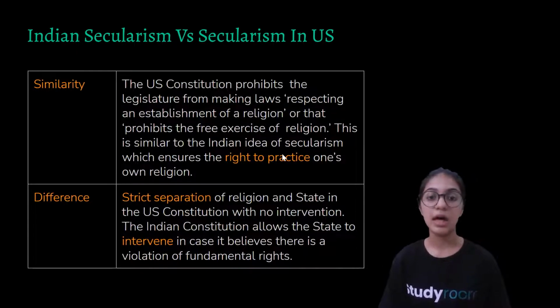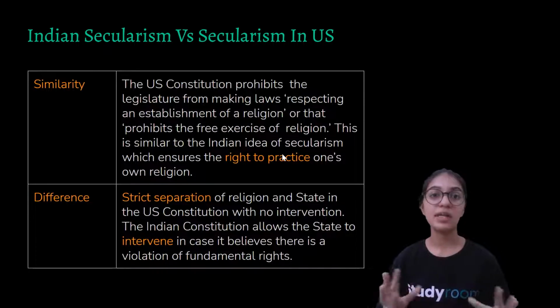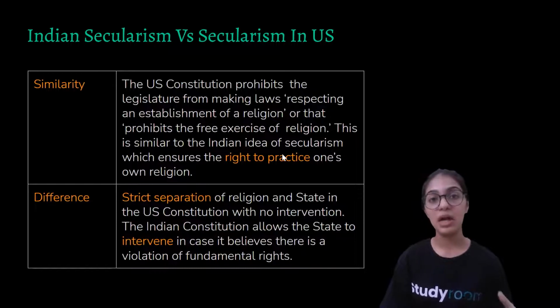Like we understood in the example where the government intervened in the practice of untouchability, right? There was upper caste and lower caste, and the people of the upper caste used to practice untouchability, not giving equal rights to the people of the lower caste.